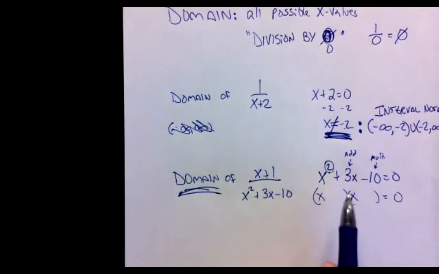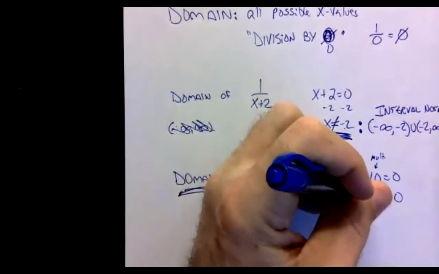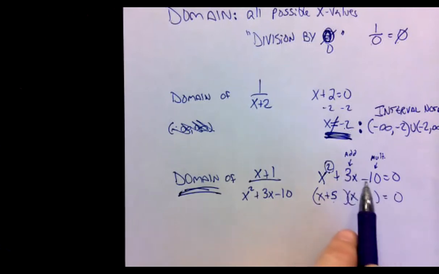That'd be 1 and 10, or 2 and 5. And we need the ones that are going to add to get 3. So that would be +5 and -2. Order doesn't matter, but +5 times -2 is -10. +5 plus -2 is 3. So if we can find 2 values that multiply to get this and add to get this, that's our factors.